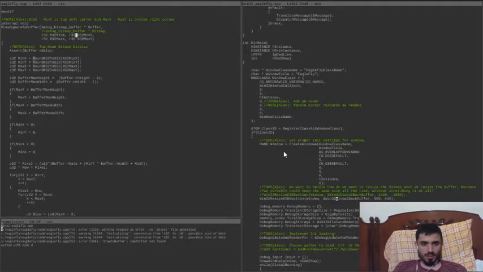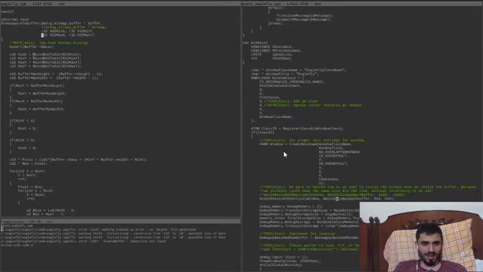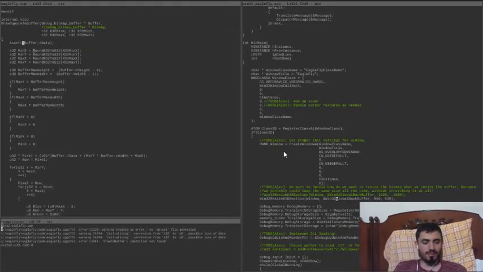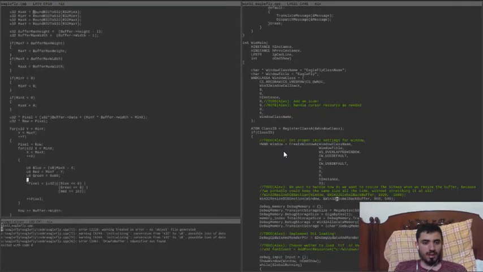Now min x and min y do the thing that we will expect it to do. This is busted, and now the min y will grab exactly what we want, and the min x will grab exactly what we want.